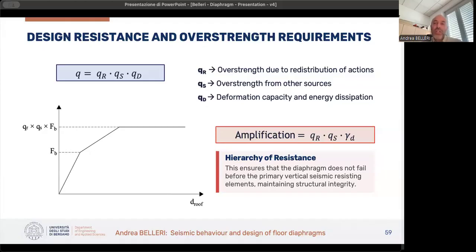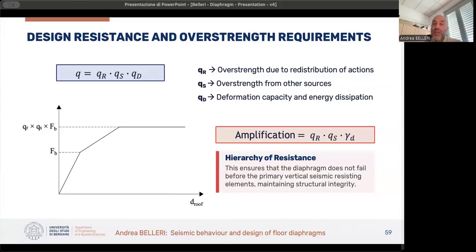So as you see, there is no mention, as in the New Zealand code and the US code, about the use of equivalent static loads. The same consideration that I mentioned before related to the relevance and the appropriateness of this type of analysis is not considered.